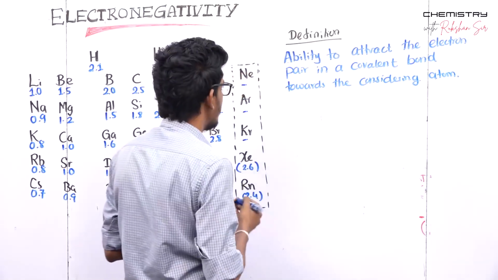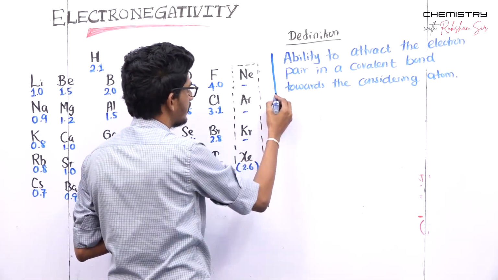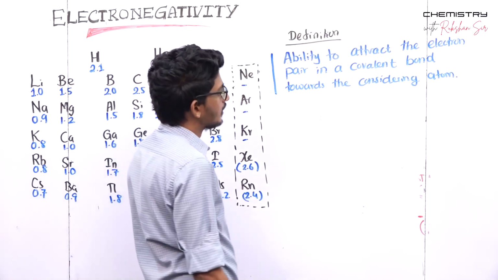This is the definition of electronegativity: ability to attract the electron pair in a covalent bond towards the considering atom.